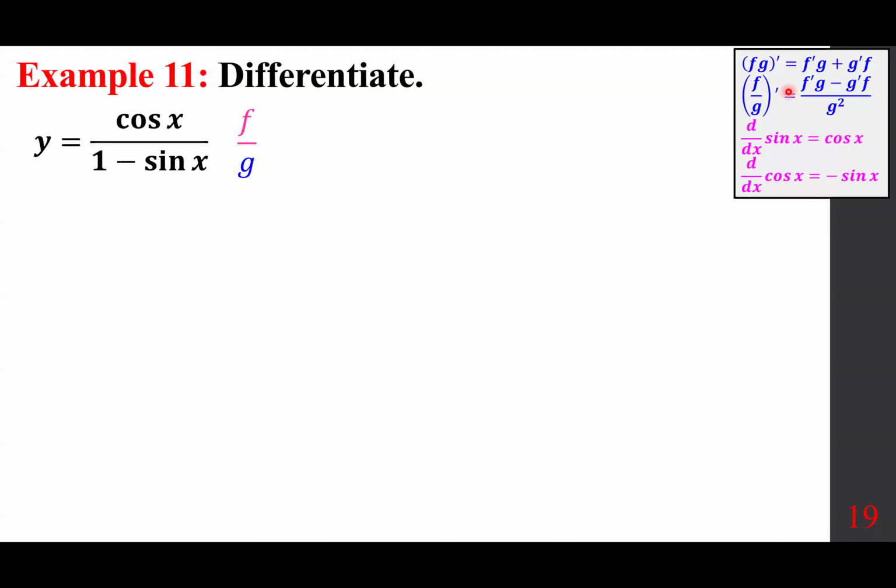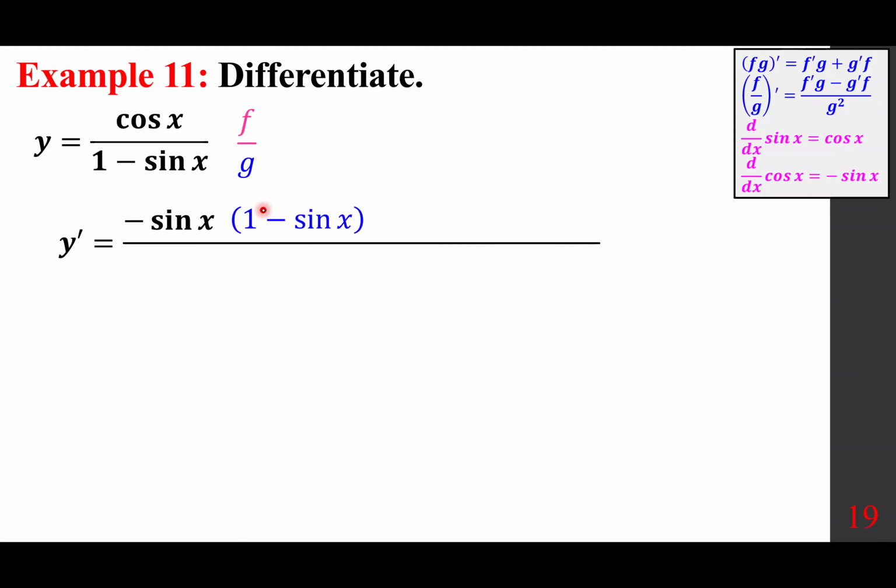Again, I'm reminding you, I'm using the shorthand notation, and the order that I put is because it's similar to the order for the product rule, and it makes it easier to memorize, in my opinion. So we need f prime. The derivative of cosine is negative sine x, times g, the denominator, 1 minus sine x, minus g prime.